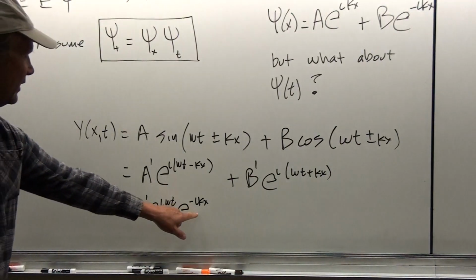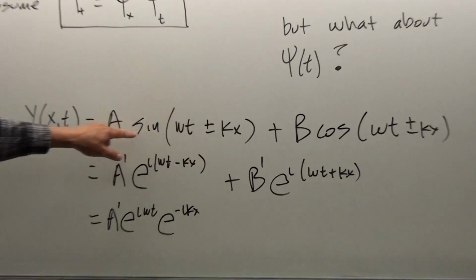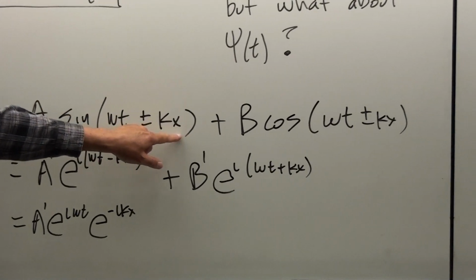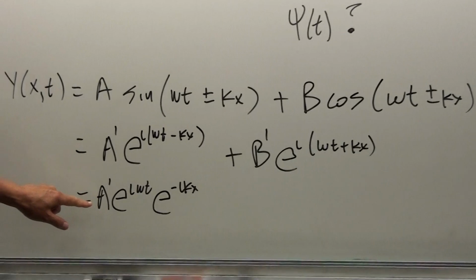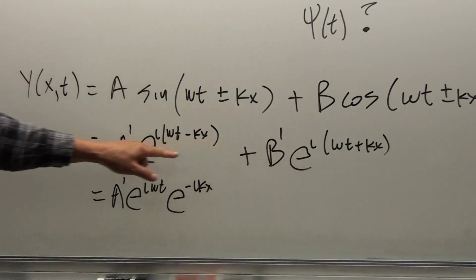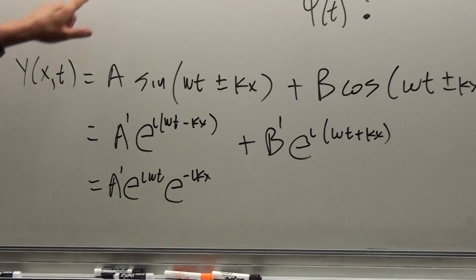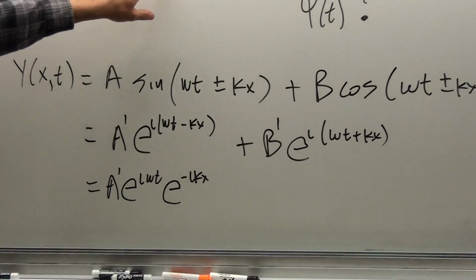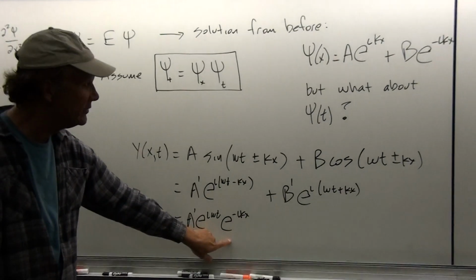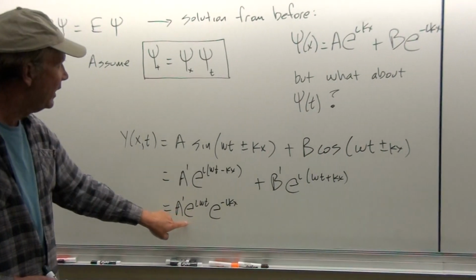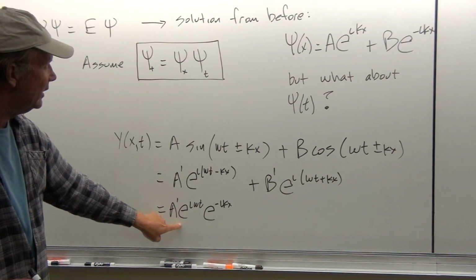So we can see here that by writing a solution like this, that is a sine function in terms of complex exponentials, which has the exact same information content in it, we are in fact able to use that to write our wave function as a product of something that only involves x and something that only involves time.